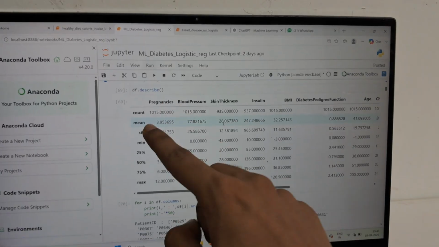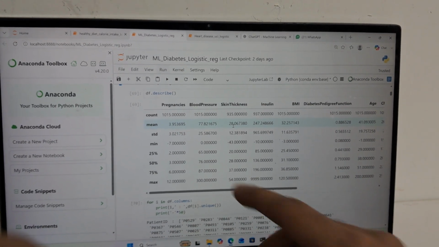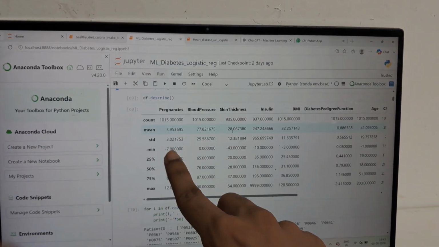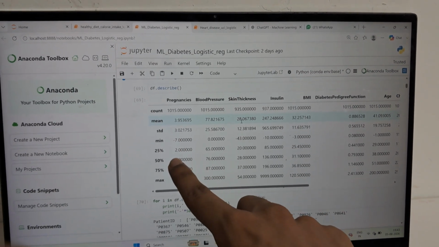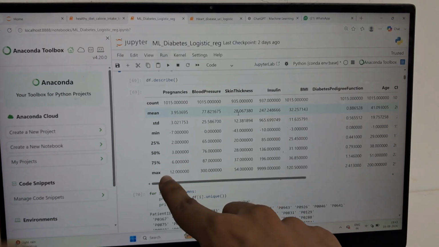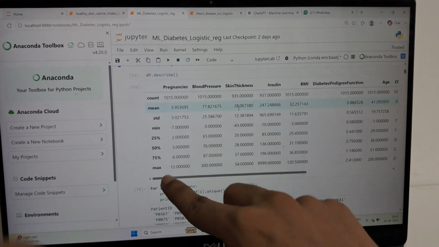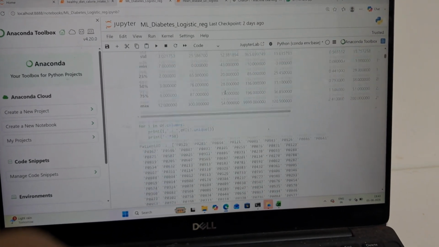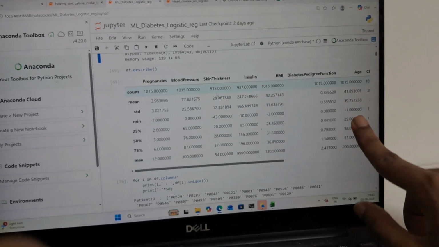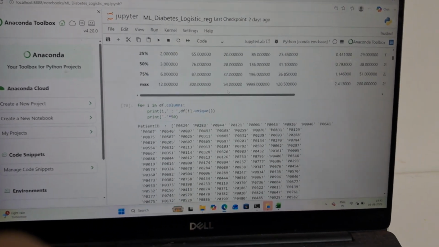Total count, mean, the average of all values in that pregnancy column, standard deviation, minimum value of that column, 25%, 50%, 75% of the data, and the maximum value. So the maximum pregnancies are 12. So this is for numerical columns, and this is known as describe or statistical summary.